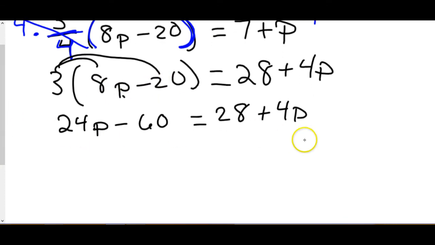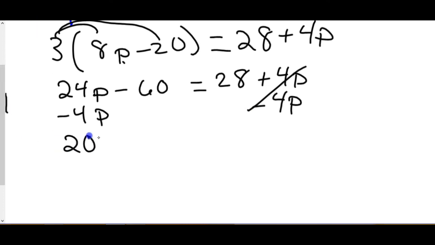Now we have an equation with variables on both sides. So we need to do the opposite. If this is plus 4p over here, we need to do the opposite, which is minus 4p. That gives us 20p. Bring down the minus 60.